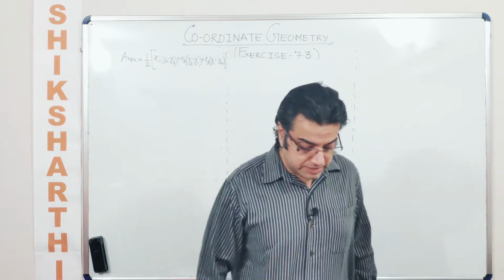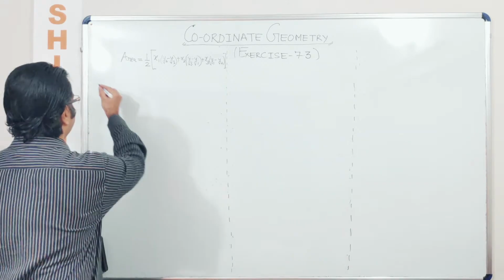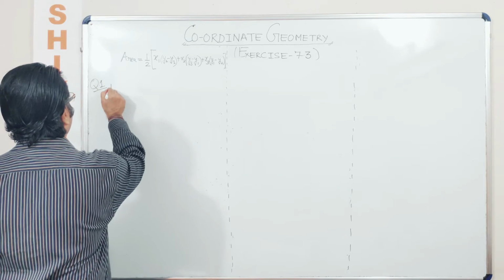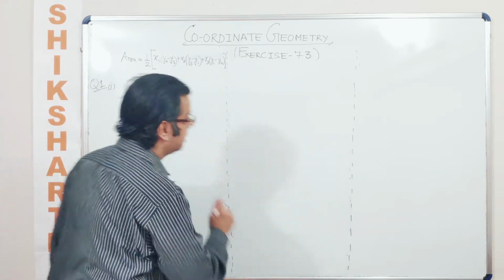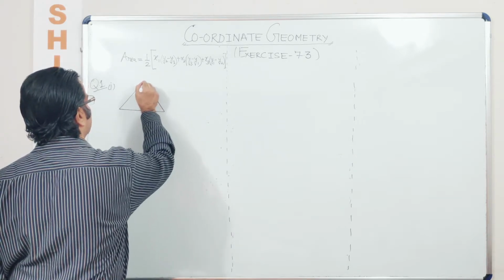So question number 1 says find the area of a triangle whose vertices are. So question number 1, subpart 1. You are supposed to find out the area of the triangle whose vertices are, let's say the triangle, this is the triangle ABC.